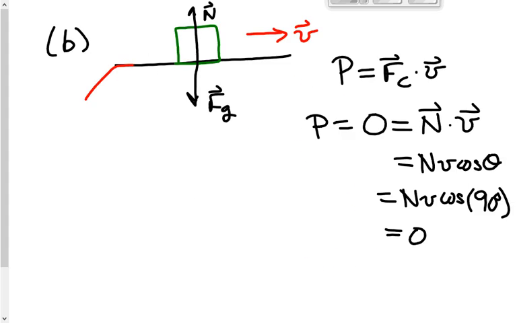Yes? So Sari wants to know where FG goes in this part of the problem. FG? Why would I put it in the diagram? Because it's a free body diagram and I should include all of the forces, whether I'm going to use them or not. Because the forces that are in this free body diagram are the only forces that act on the block.